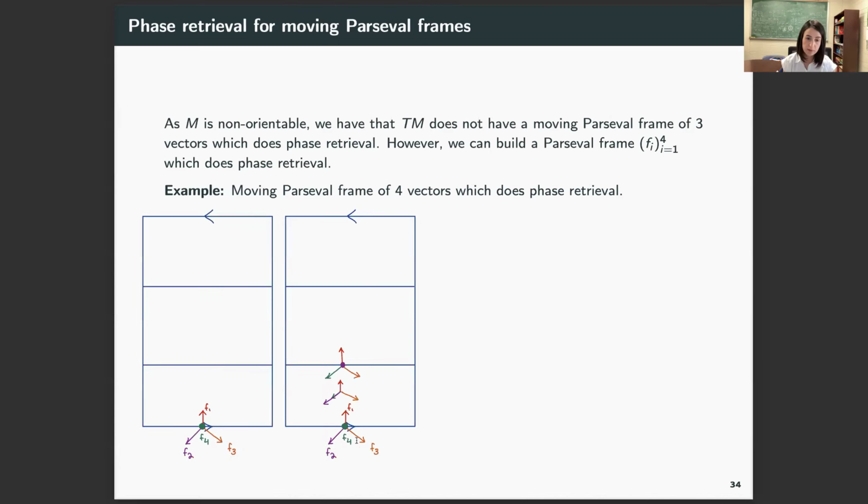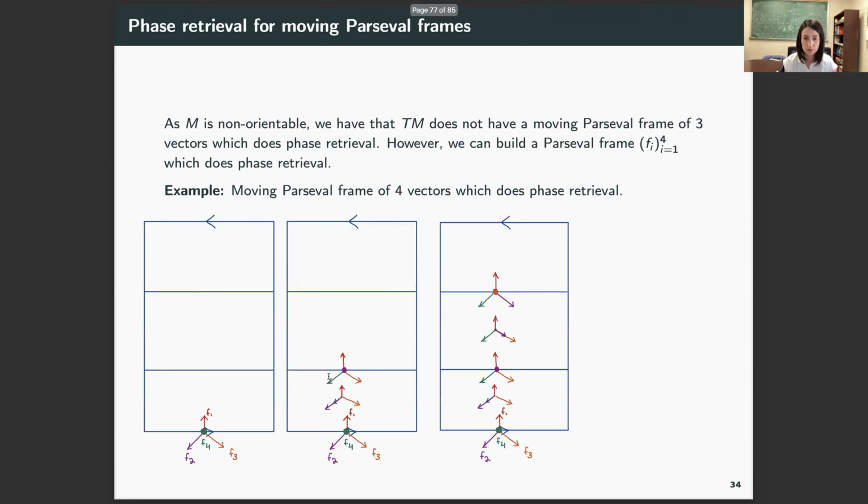In the first step, F2 projects to 0, and F4 gets larger in the direction of the previous F2. Then in the next section, basically this F4 is going to replace the F3 vector that was there, and F3 gets to 0.